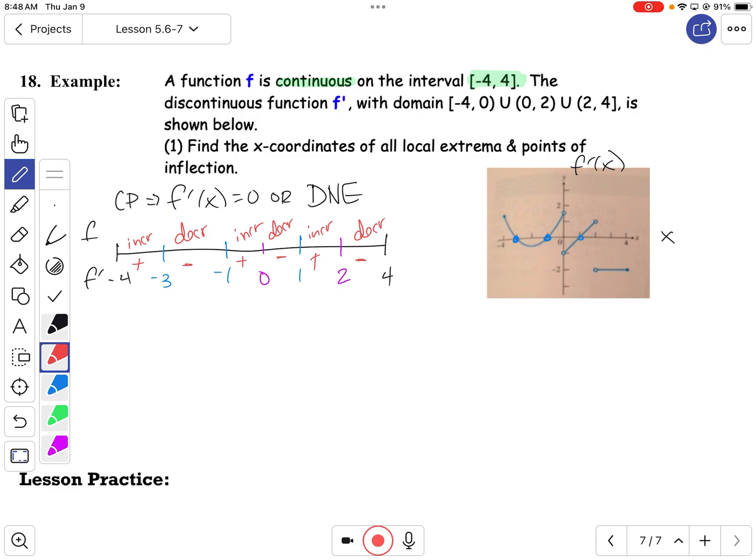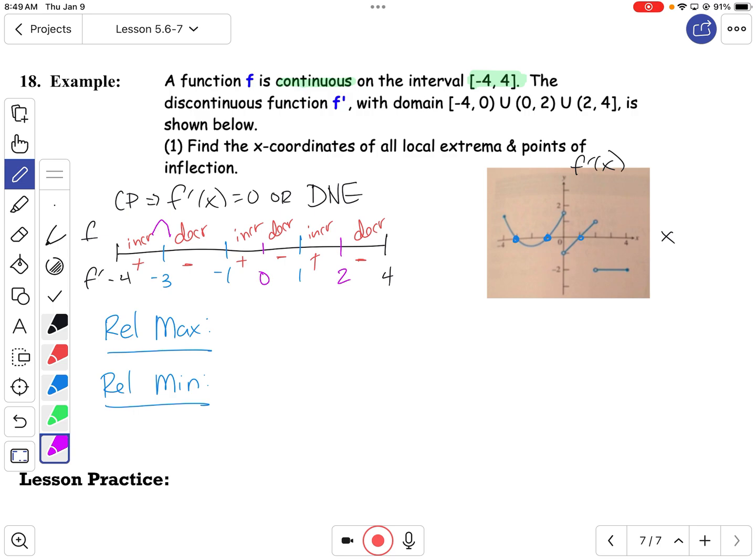Okay, so let's go through it this way. Let's talk about our relative maximums. Let's do between the endpoints, then we'll go back and talk about the endpoints. Okay, so I've got relative maxes and I've got relative mins. If I go from increasing to decreasing, what's it going to show me? It's going to show me a maximum, because we're talking about the first derivative.